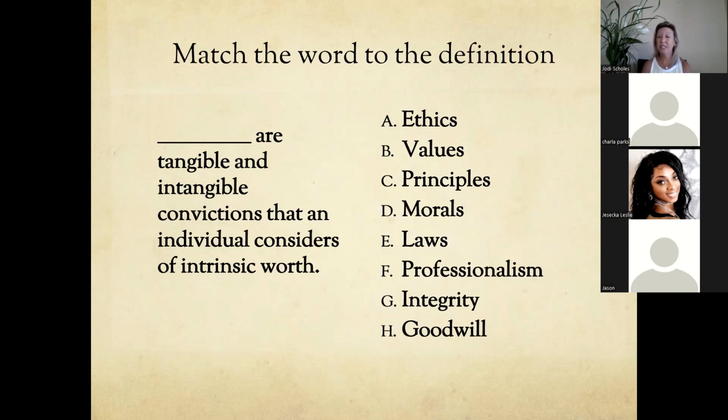Values are tangible or intangible. Principles are tangible and intangible convictions, and those aren't intangible, they're pretty clear. Morals are tangible and intangible convictions that an individual considers of intrinsic worth. Not laws. We already did professionalism. Integrity are tangible and intangible convictions that an individual considers of intrinsic worth.